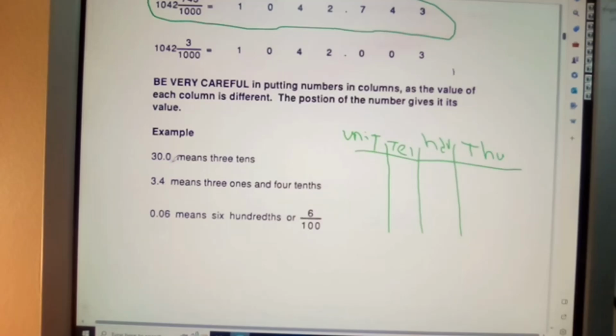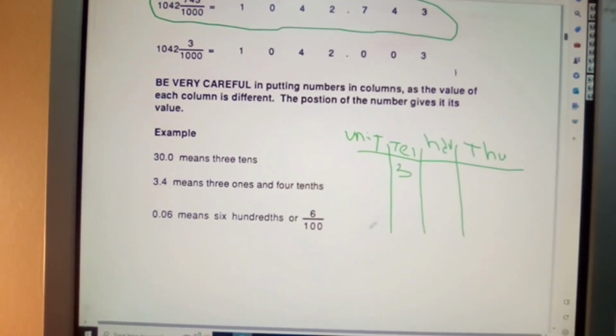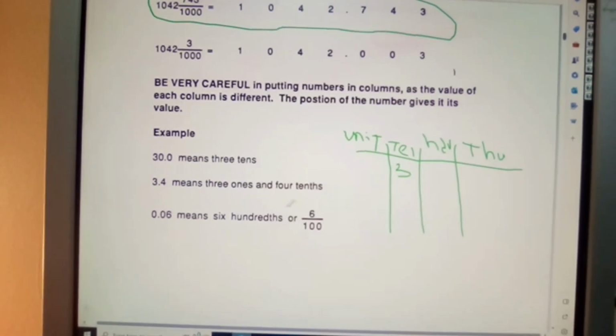Example, 30 means 3 tens. So if I wanted 30, I would put 3 in the tens column. 3.4 means 3 ones and 4 tenths.